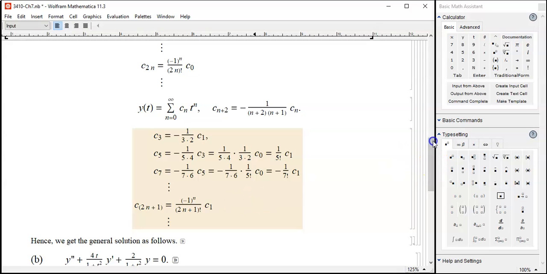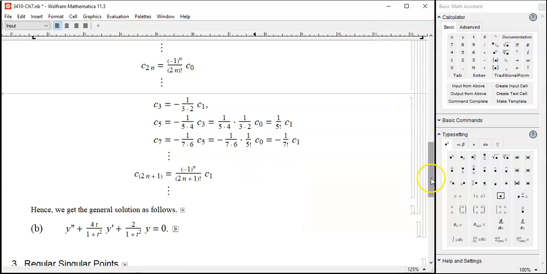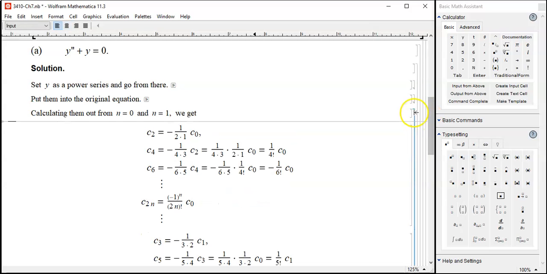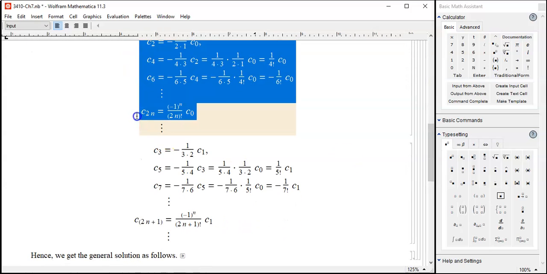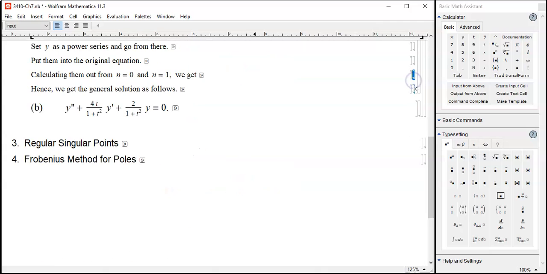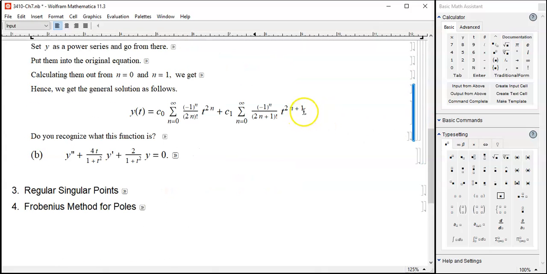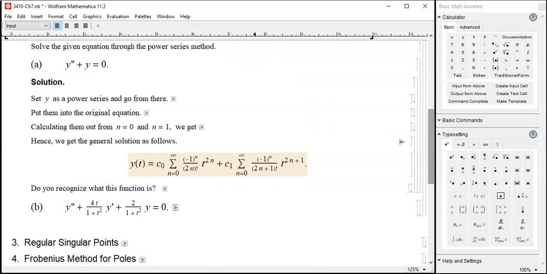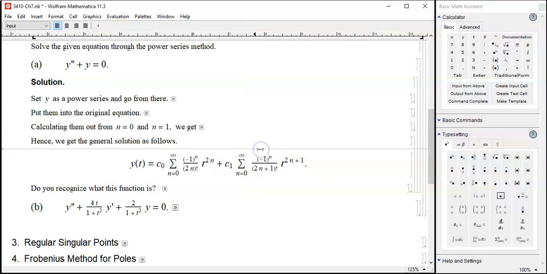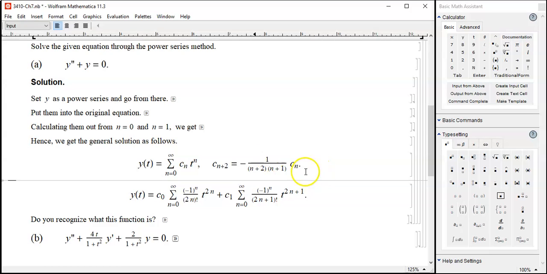So what do we have? We have solution, power series solution with appropriate recursive relation, this and that generates this expression here. Okay, there.